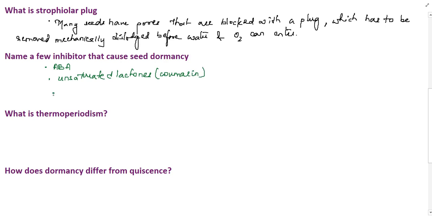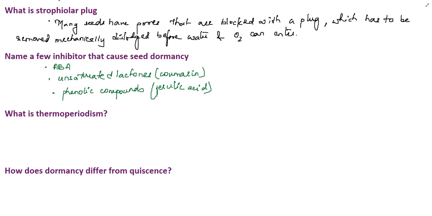Next, there are some phenolic compounds which also cause seed dormancy. An example is ferulic acid.